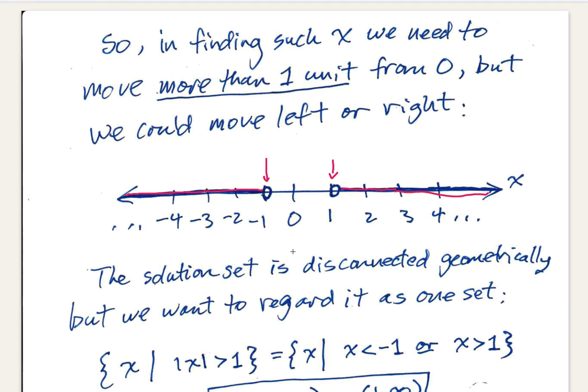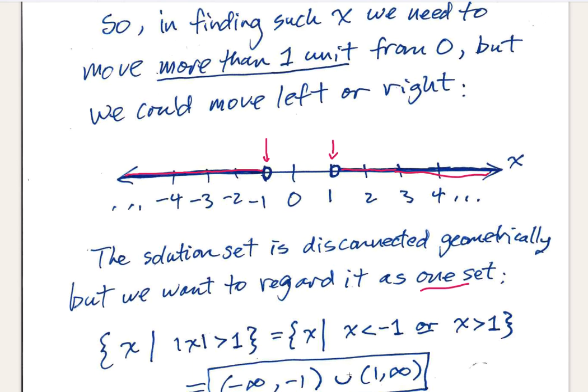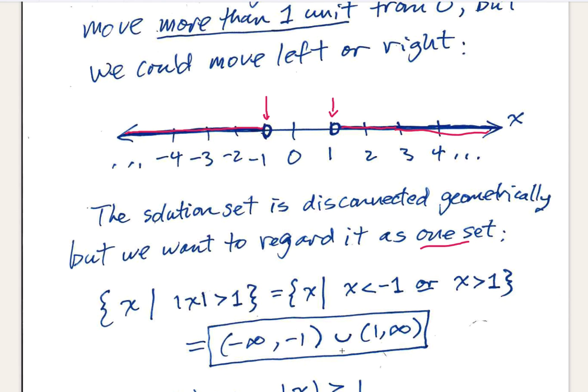Now we do want to regard it as one set, so that makes us think of a union here. So we're actually going to write this in interval notation as a union. But let's finish this here. Let's talk about the set builder notation. The set of all x such that the absolute value of x is strictly greater than 1 is the same as, we discovered, what?